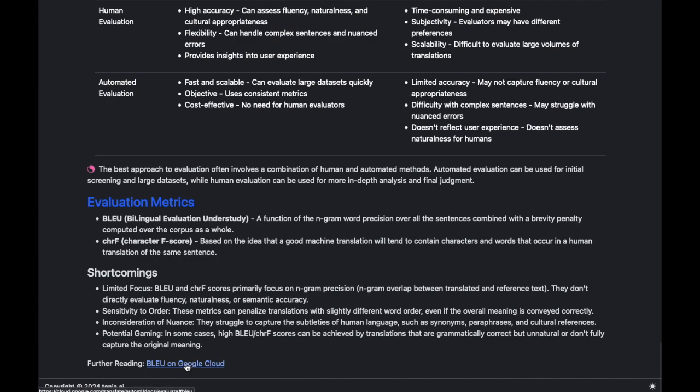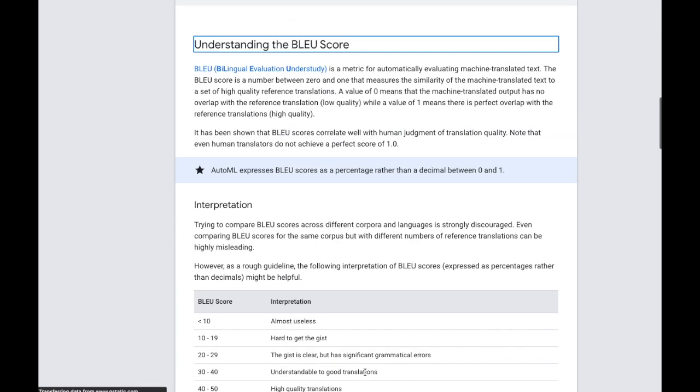For further reading on this, let's look at BLEU described on Google Cloud.